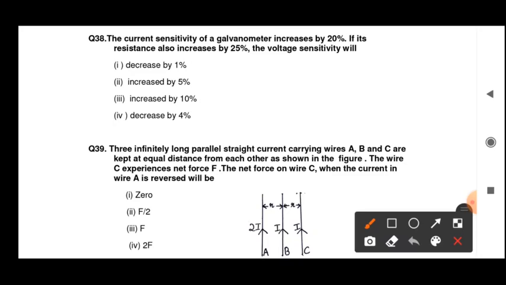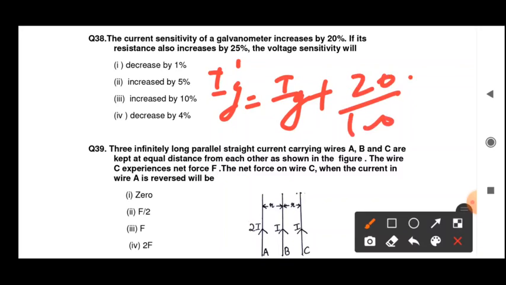So as you know, the current sensitivity is given by Ig dash. Suppose the current sensitivity is increased, it is given already 20%, and the current is Ig at first. After the increment, what will be the final current? That will be Ig dash, and Ig dash is equal to Ig plus 20 by 100 into Ig.